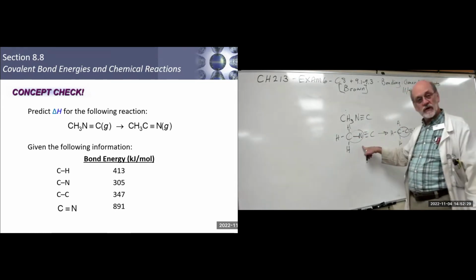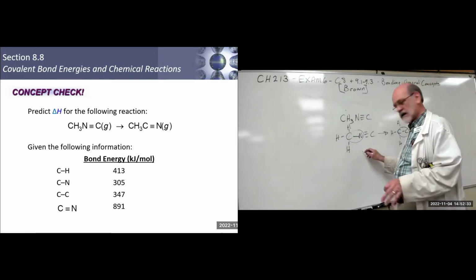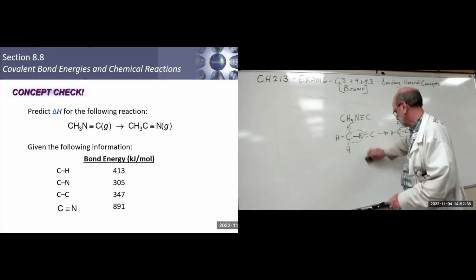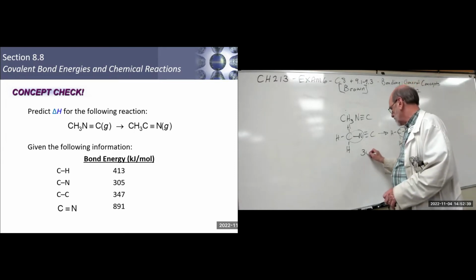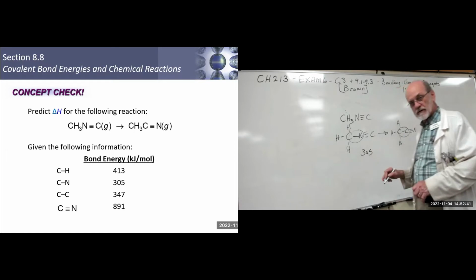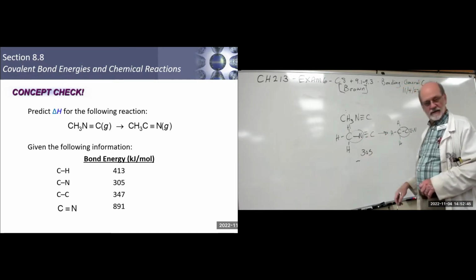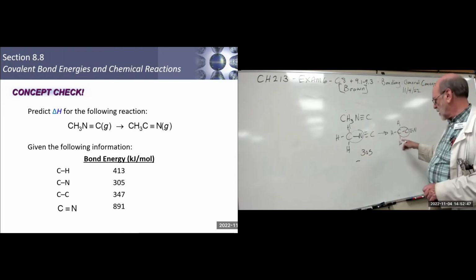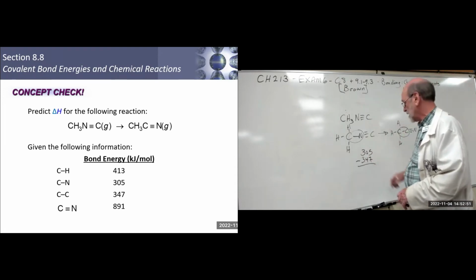So we take this one, 1 times the carbon-nitrogen bond, 305 kilojoules times 1, and then subtract carbon-carbon, 347. All right, so what do we get?